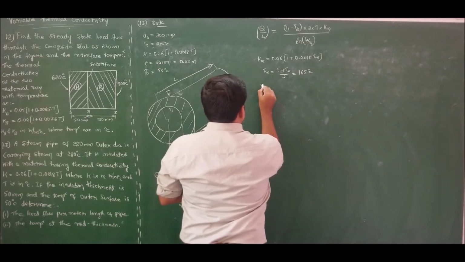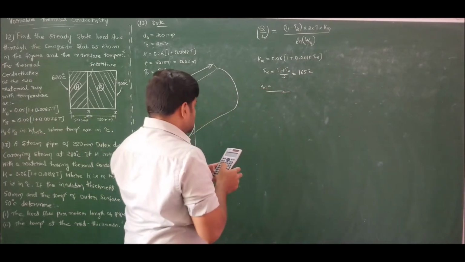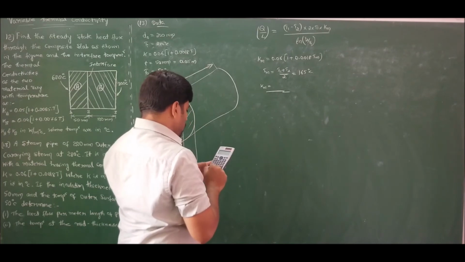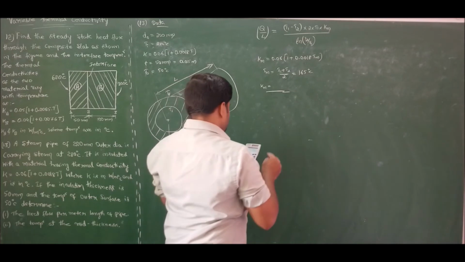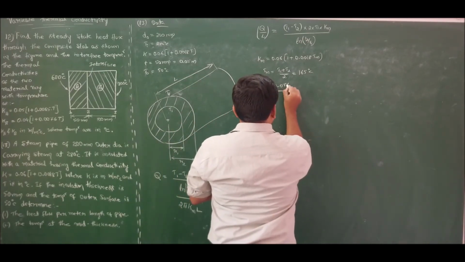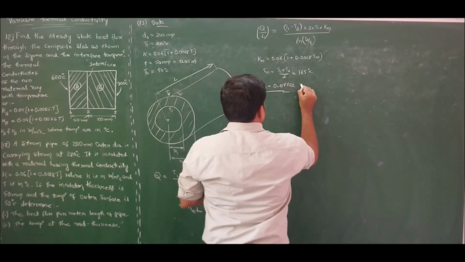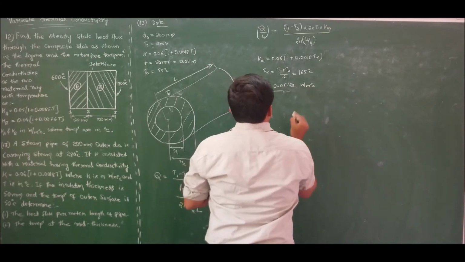Hence I get the value of K mean as 0.06 into 1 plus 0.0018 into 165, which is 0.07782 watts per meter degree Celsius.